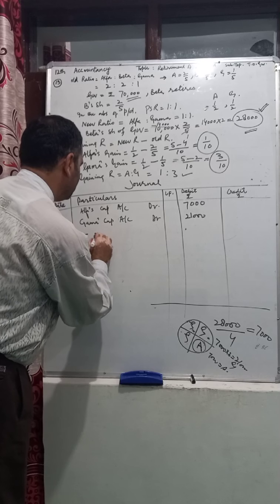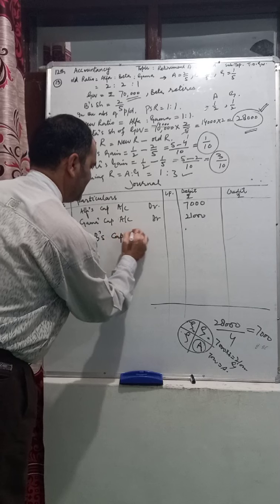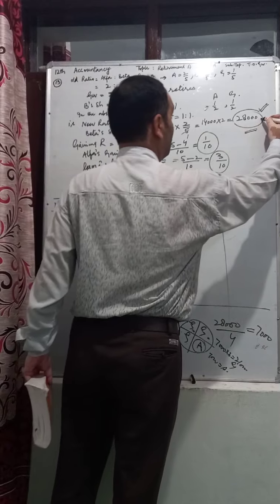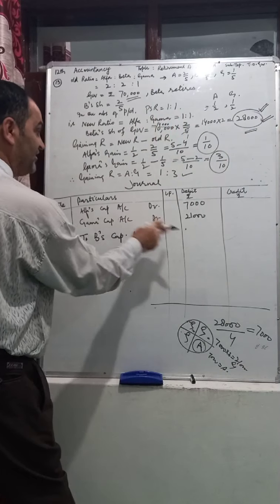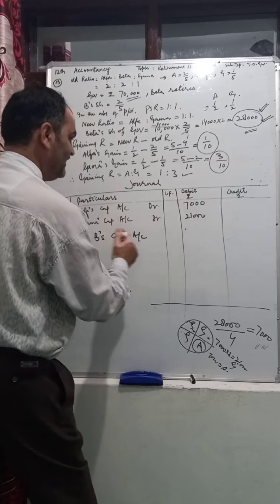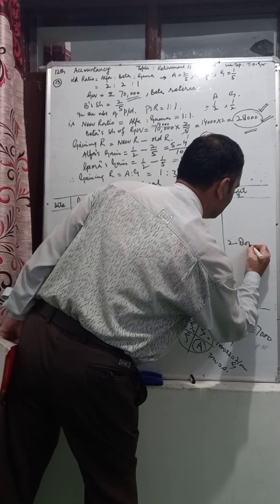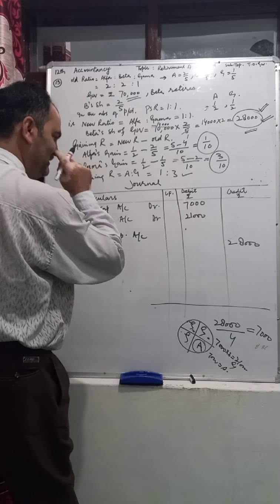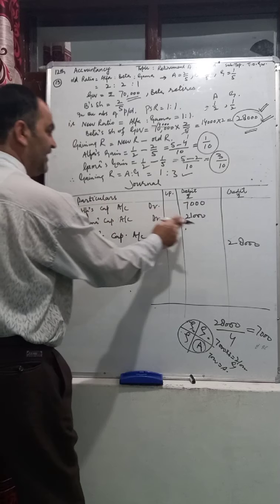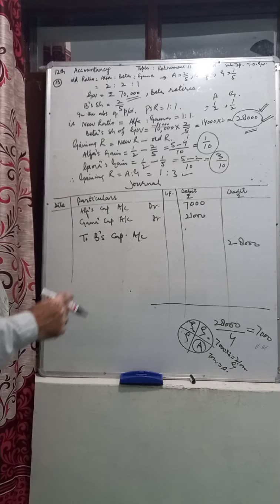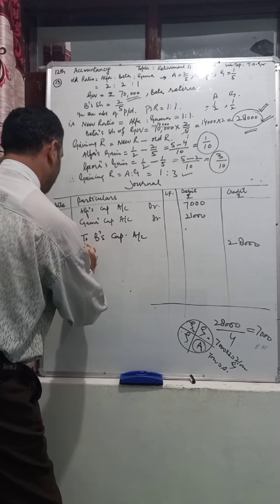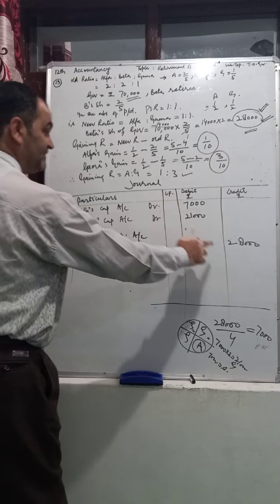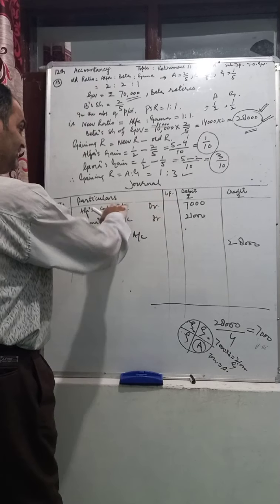And we can write here to Beta's capital account. Beta's share of goodwill is being distributed among these partners in the ratio 1:3. That is 28,000 is being distributed among Alpha and Gamma in the ratio 1:3. That means 7,000 to Alpha and 21,000 to Gamma. And in this format we write here the narration of this amount, how this amount is being distributed.